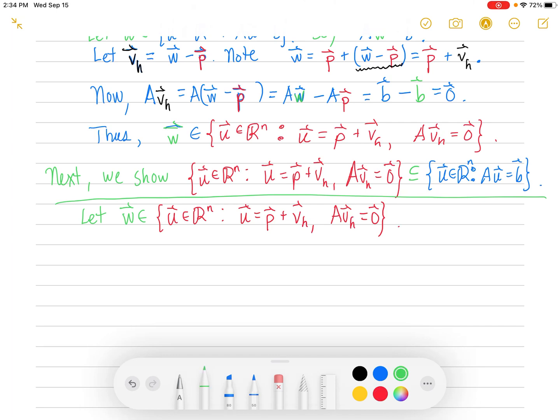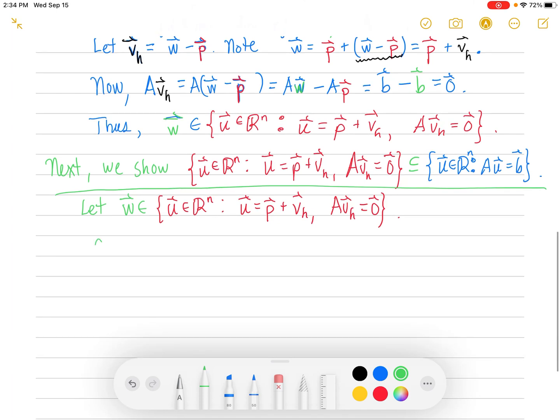Now, what does that mean if W is in that set? That means W can be written as a particular part plus a homogeneous part. So W is of the form P plus VH. Of course, A times VH is equal to 0 because VH is a homogeneous part, a solution to a homogeneous equation. I'll make VH black and I'll make P red.